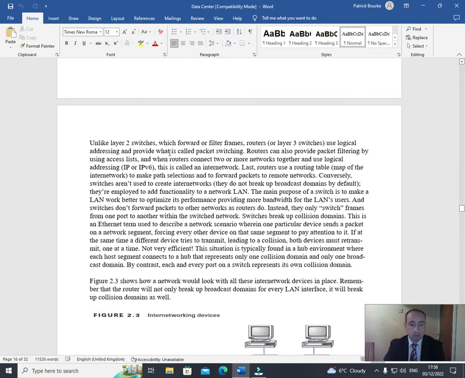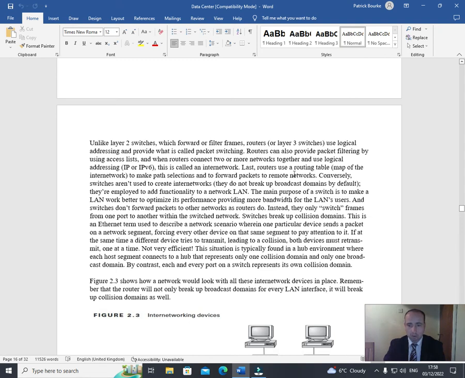Unlike layer 2 switches which forward or filter frames, routers or layer 3 switches use logical addressing and provide what is called packet switching. Routers can also provide packet filtering by using access lists, and when routers connect two or more networks together and use logical addressing, IP or IP version 6, this is called an internetwork.